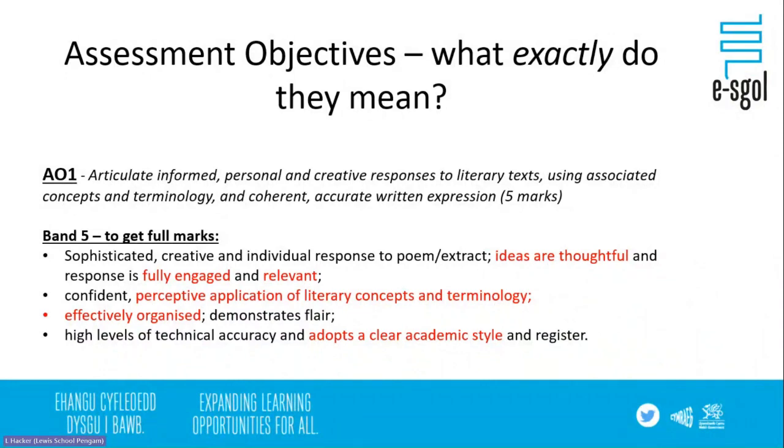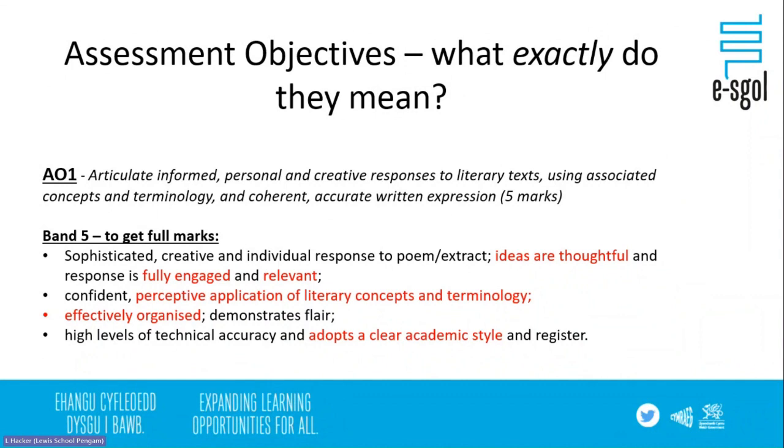And let's have a think then about breaking that assessment objective down. I've got the band 5 assessment descriptors here, just for us to have a look at how the AO can be separated up for you to really see where those marks are coming from. So in a band 5 response, there would be a sophisticated, creative and individual response to the poem or extract.